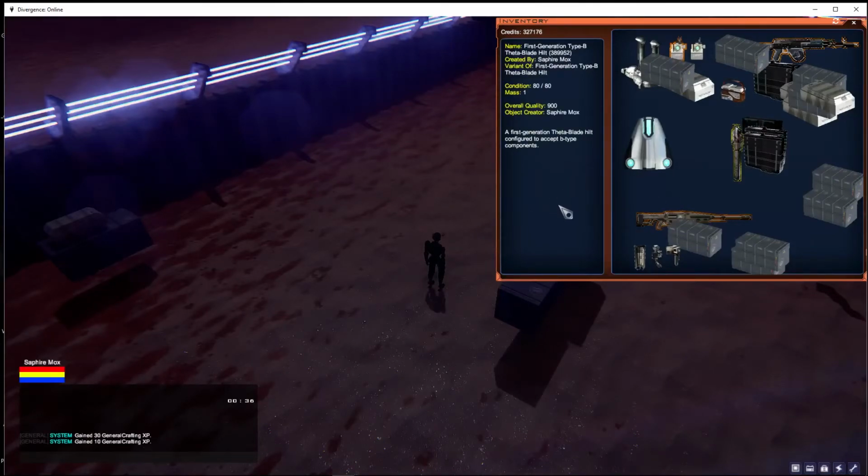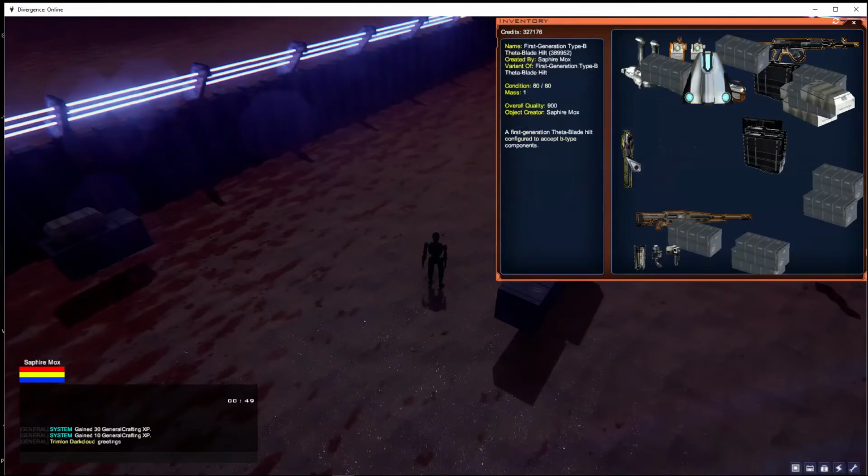Overall quality is 900. Wow. That's actually significantly better than I had anticipated. Okay. So we have our hilt. 900 overall quality. Apparently, the material you use for the hilt will play into the final color of the Theta Blade.